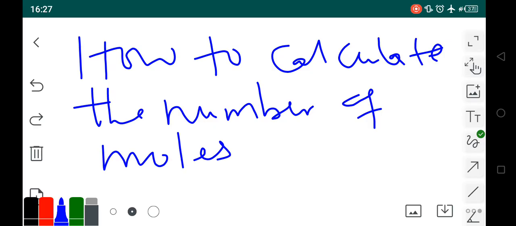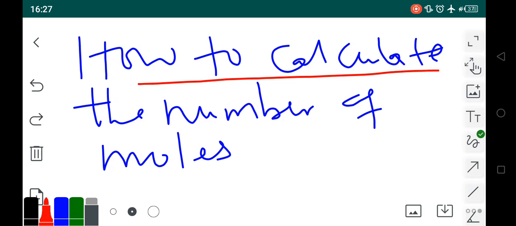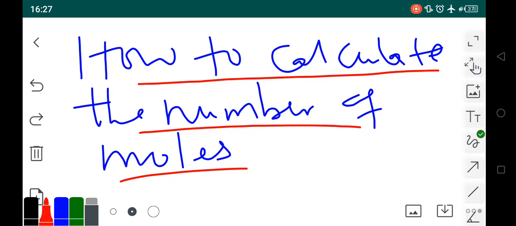This will be our outline for today. We'll be going slowly, step by step. We will look at how to calculate the number of moles given the mass.